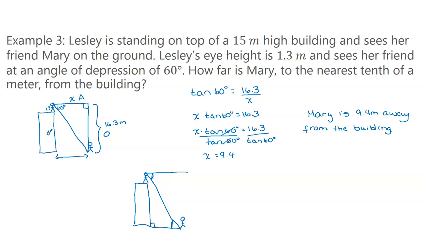So my 60 degrees could go down here. And here's my 15 and my 1.3 for a total of 16.3. So your triangle could also be drawn this way as well. You can retry example 2 by drawing your triangle in a different way to see that you get the same answer.